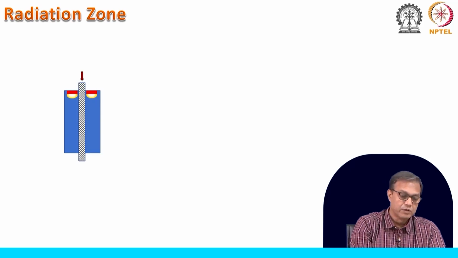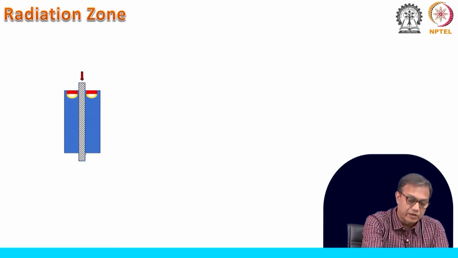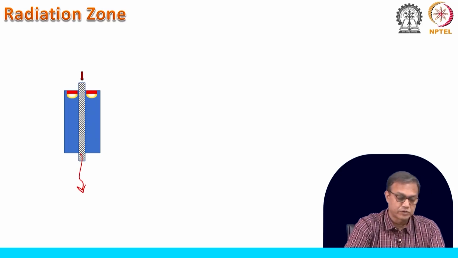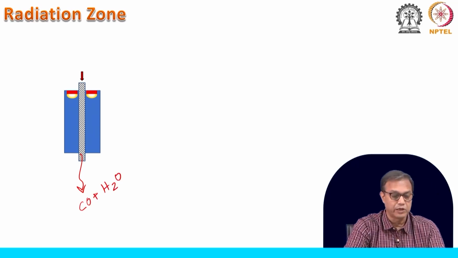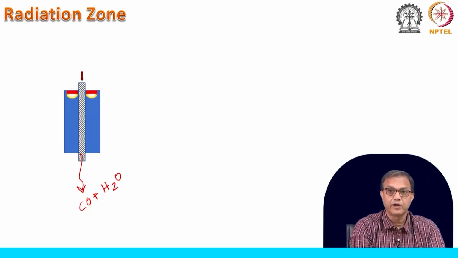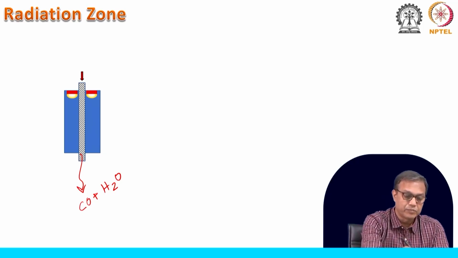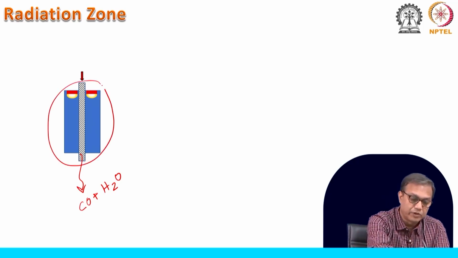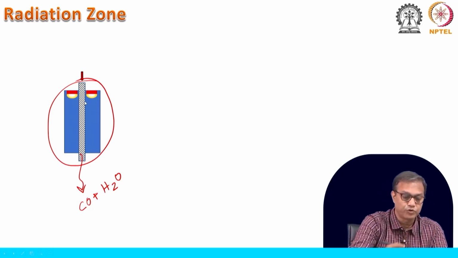Here we have the catalytic bed through which CO and H2O, that is steam, is flowing in, and these are the burners, the top fired radiation zone, and this reformer or reforming zone where this catalytic bed is formed inside this tube.